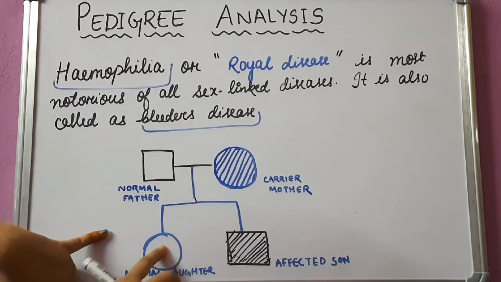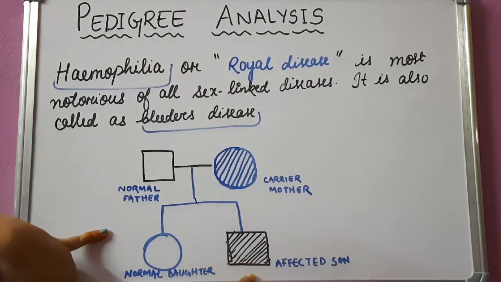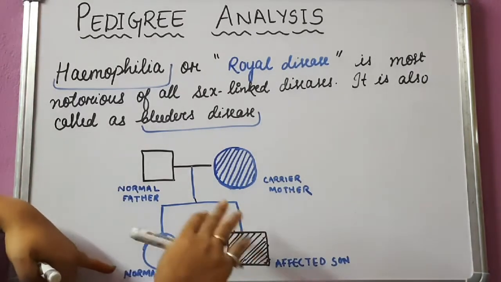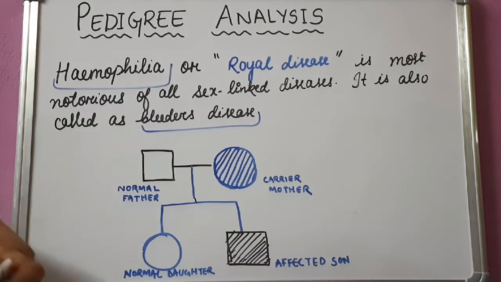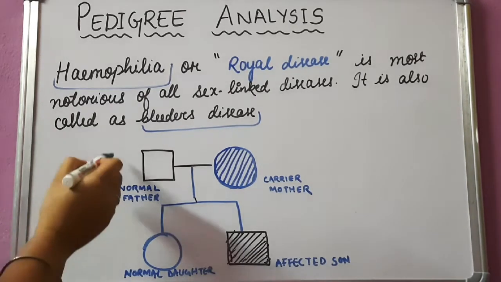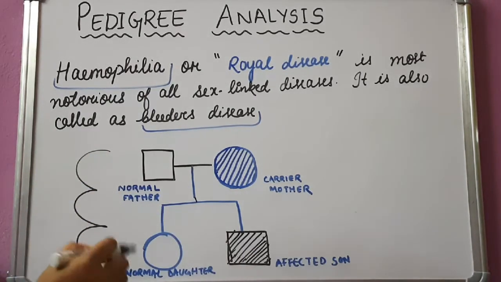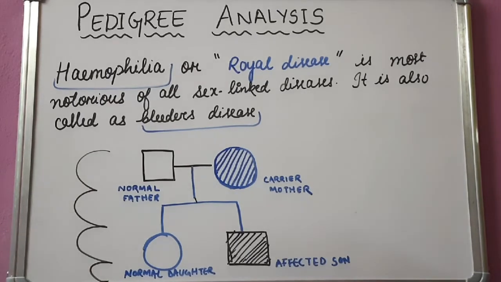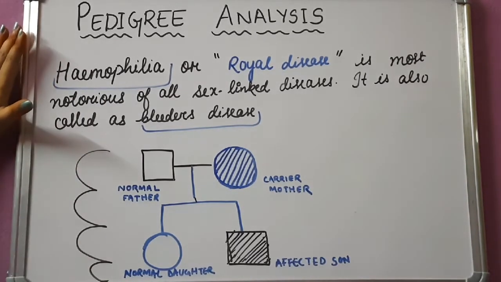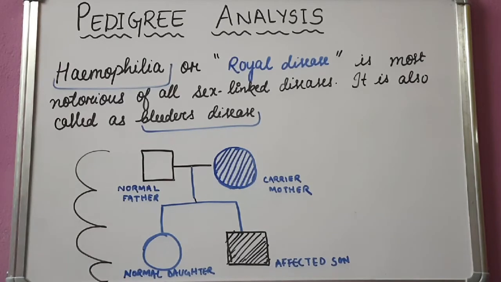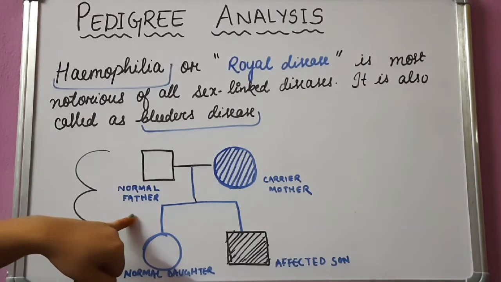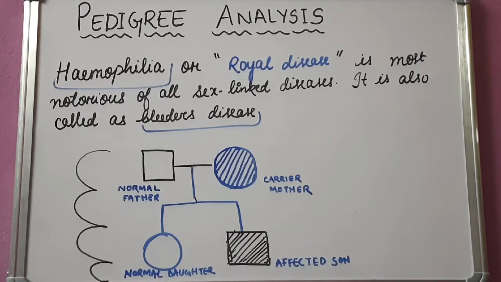The normal daughter is hollow, and here is an affected son. In this way, the trait is inherited from generation to generation. It passes on and on through many generations. It is called pedigree analysis. It is mainly calculated for the infected traits or inheritance from the parents to their offspring.